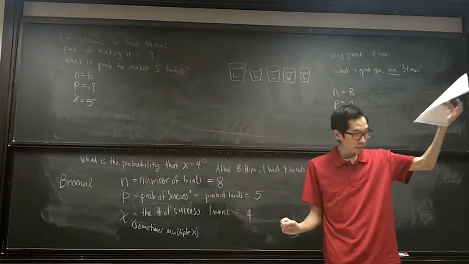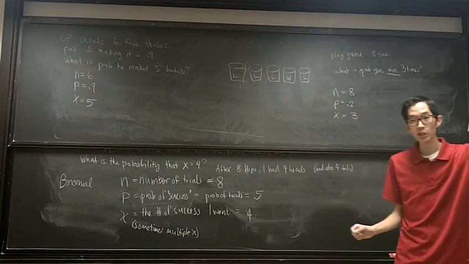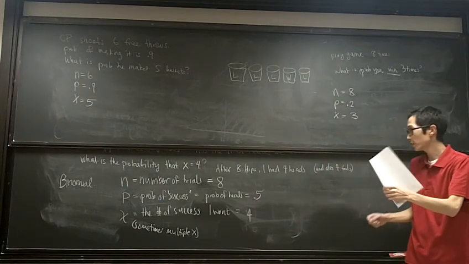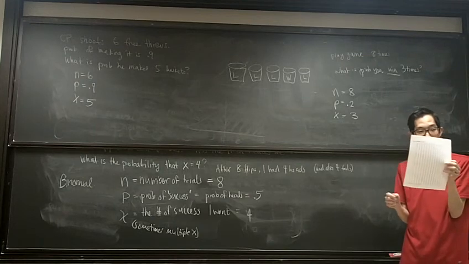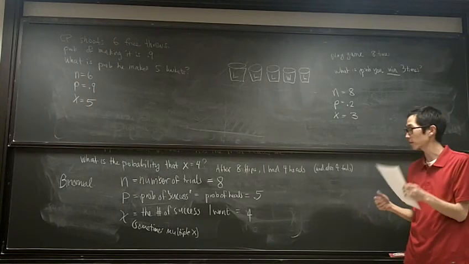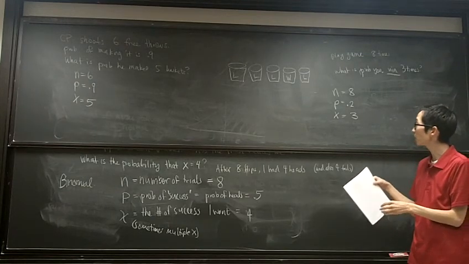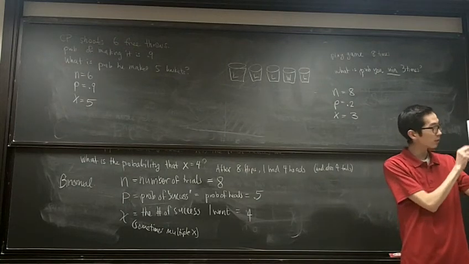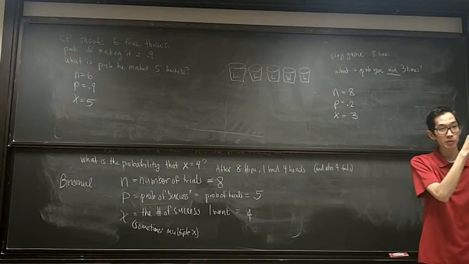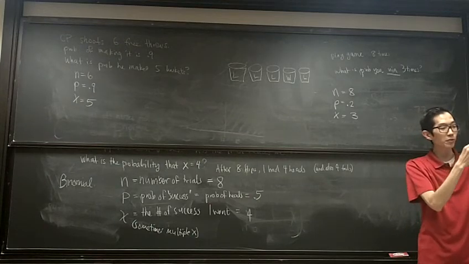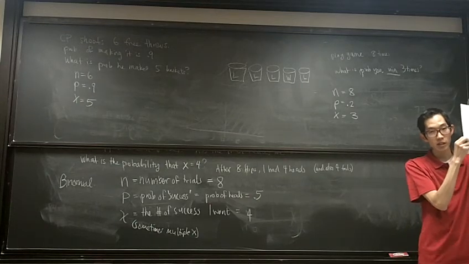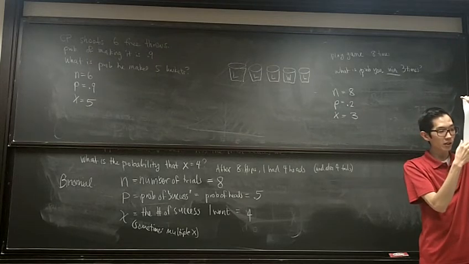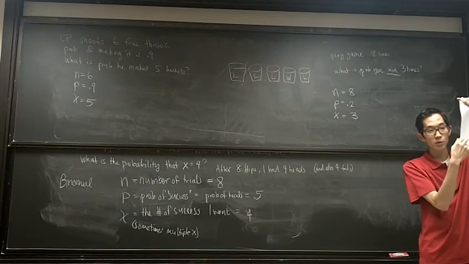So the other paper I passed out is the binomial table. Here you're going to look at the intersection of these three numbers, n, p, and x. The very first one is at the bottom of this page. The very leftmost number is the n, so you find n equal to 8, and everything in this section is n equals 8.